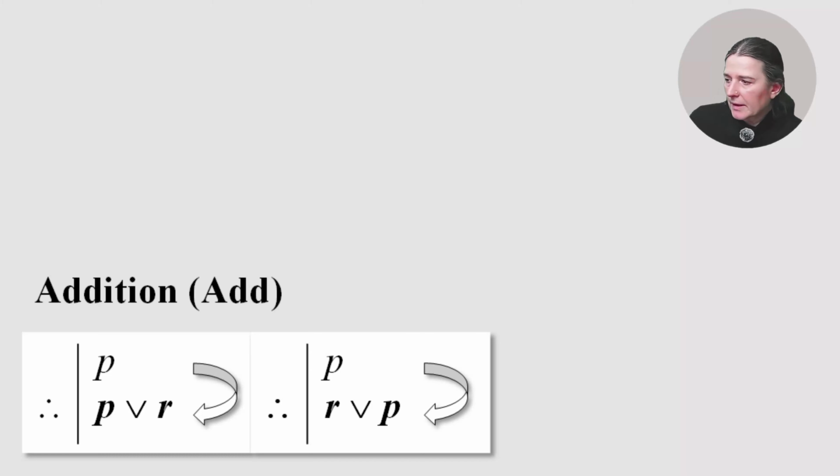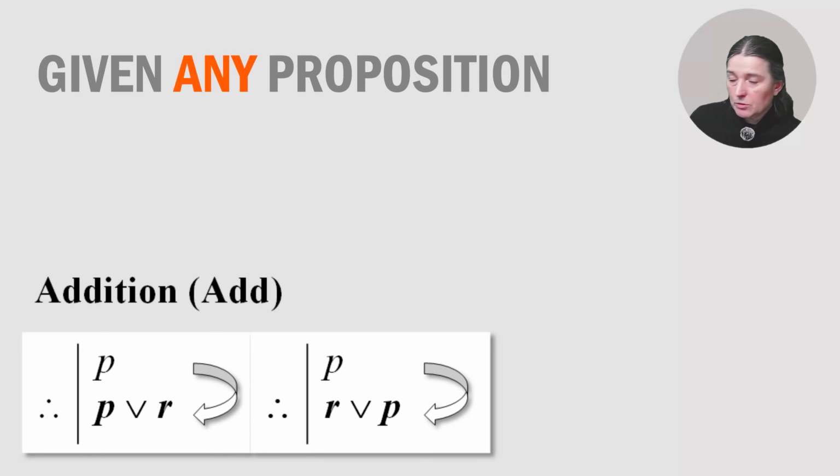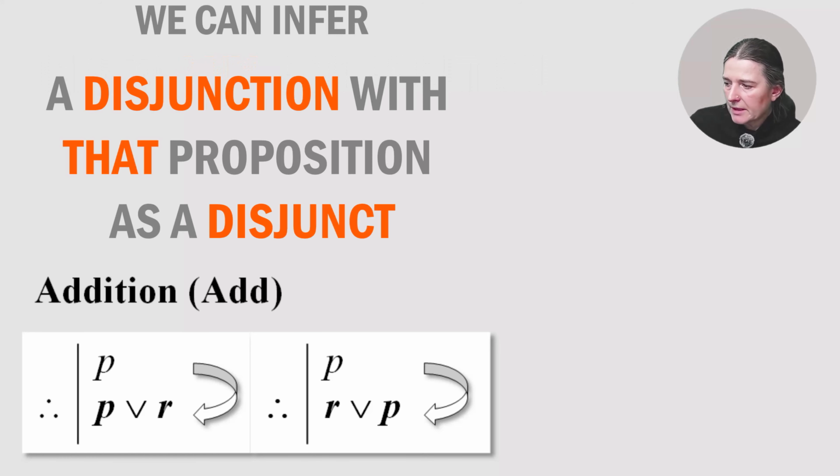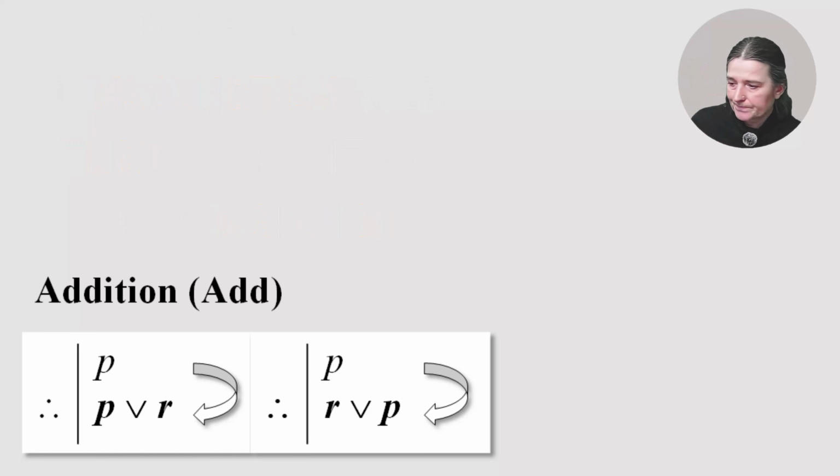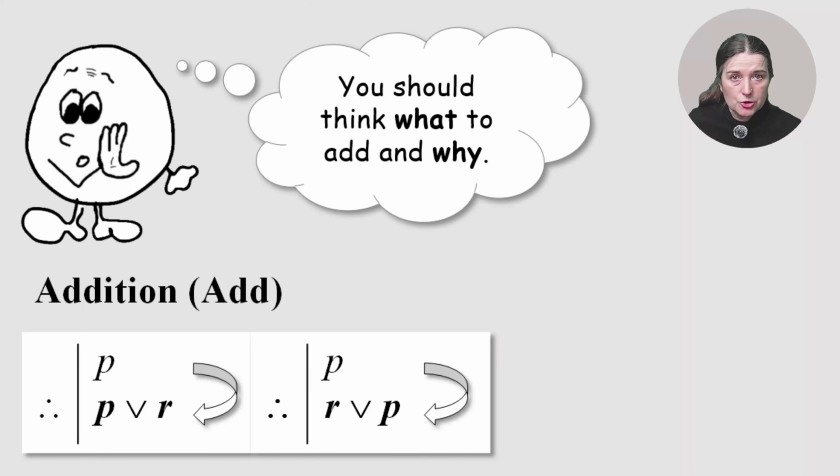I've said already that addition doesn't require much at the outset. We just have to have a proposition. Right? It doesn't tell us what the logical structure of the proposition must be. What the rule tells us is that the result of applying addition will be a disjunction with that whole proposition as a disjunct. The problem with addition is that you have to have a kind of strategy in your head.